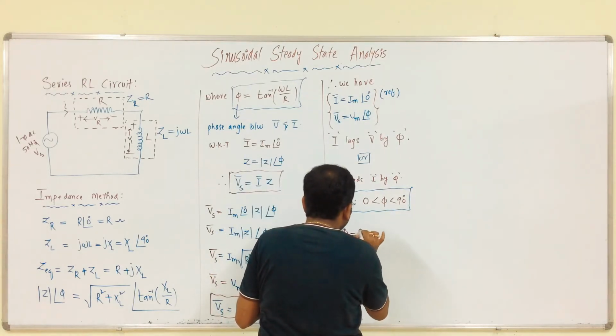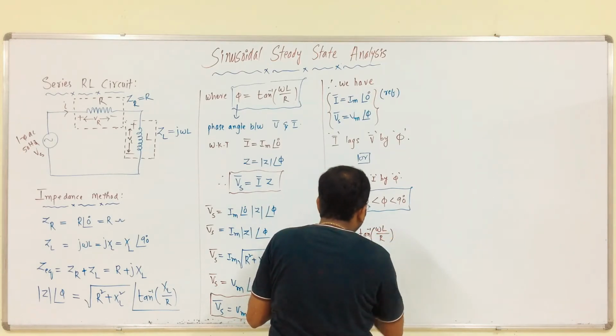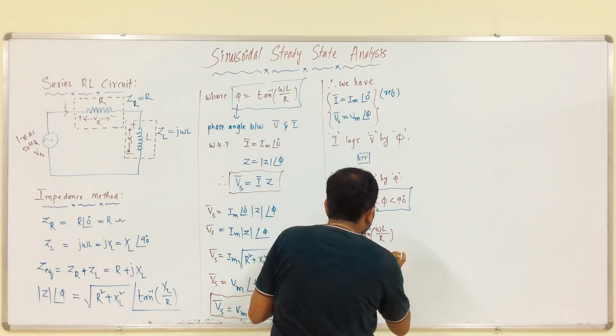Phi is equal to tan inverse omega L by R lagging.